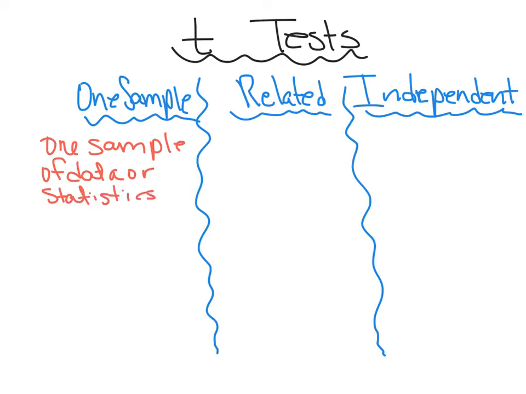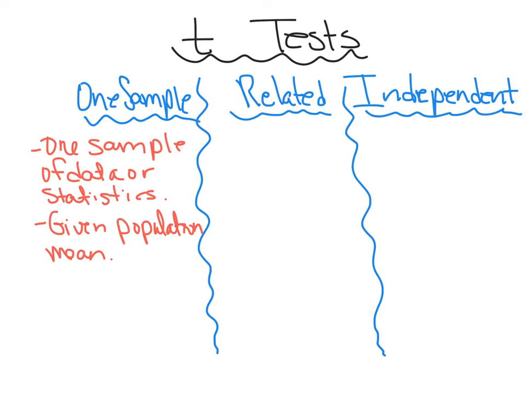So either you're going to have the data for one sample or you're going to actually have statistics for one sample. You'll be comparing that to a given population mean. So it makes it kind of simple because you're provided a population mean and then you have one sample that you're going to compare that to.